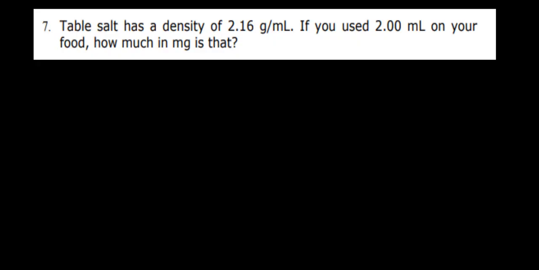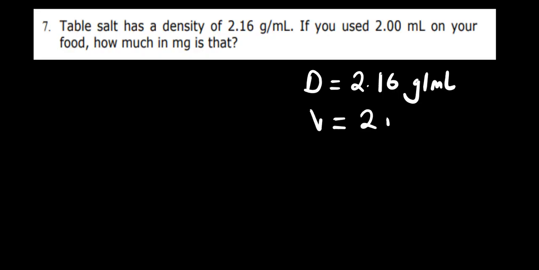So we've been given the density, 2.16 grams per ml. We've been given the volume, which is 2 mils. Then they want us to find how much in milligrams is that. Milligrams is mass, right? So we're trying to find mass but in terms of milligrams. So let's first find mass in grams.